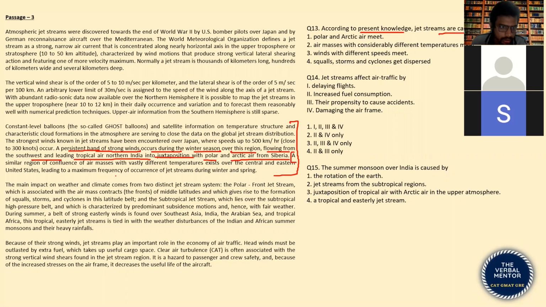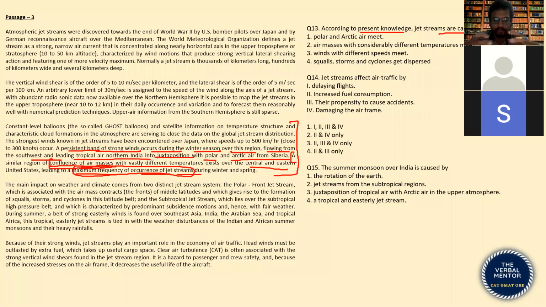A similar region of confluence of air masses with vastly different temperatures exists over the central and eastern United States, leading to a maximum frequency of occurrence of jet streams. So maximum frequency of occurrence of jet stream is when confluence of air masses happens.